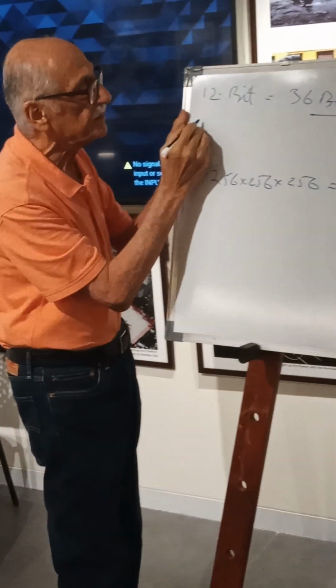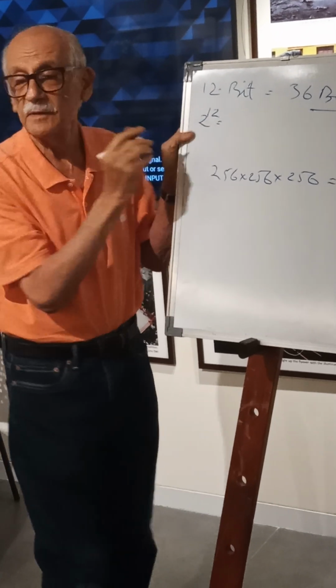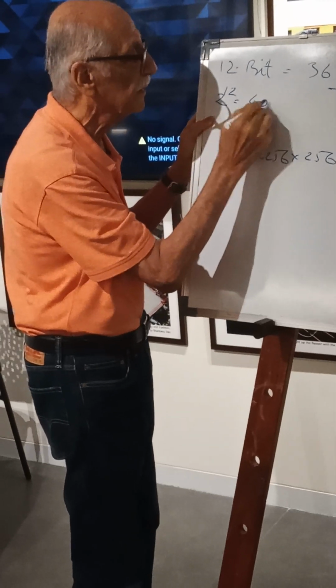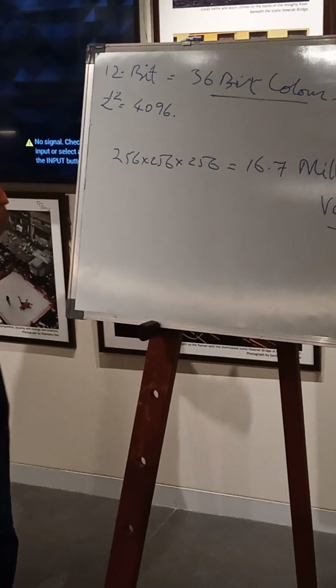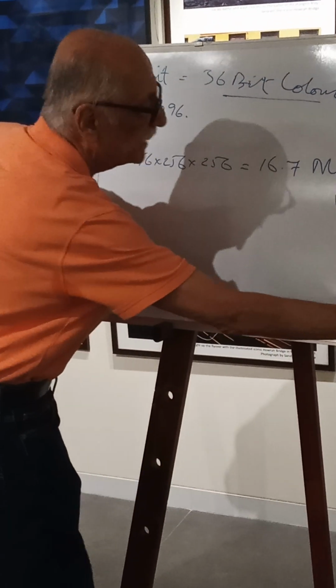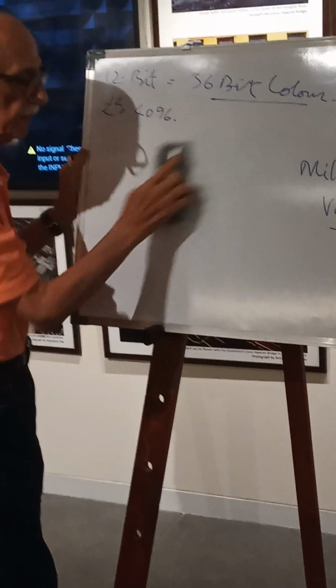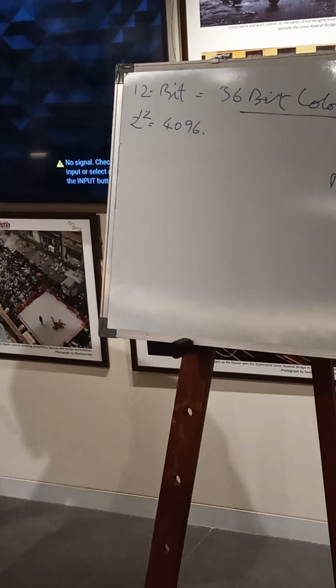So 12 bits per channel means 2 raised to the power of 12. How much is that? 4096. So to find the total, it is 4096 multiplied by 4096, multiplied by 4096, which will come to how much?